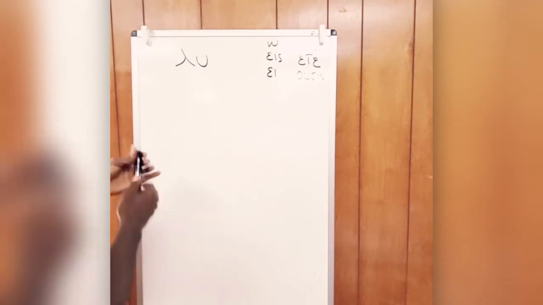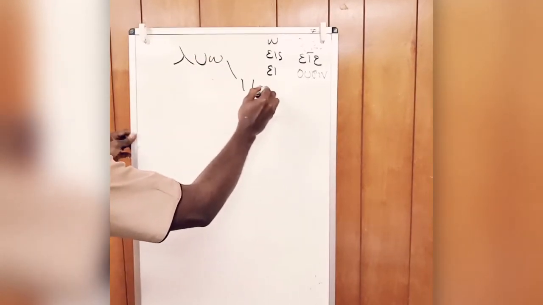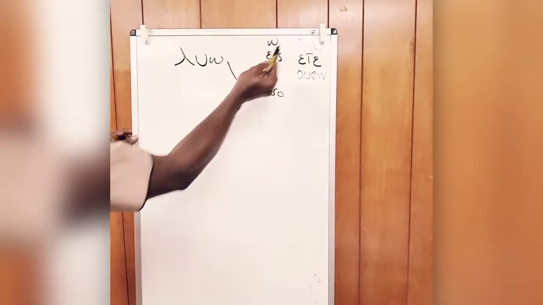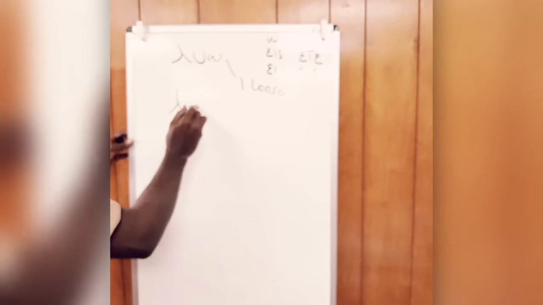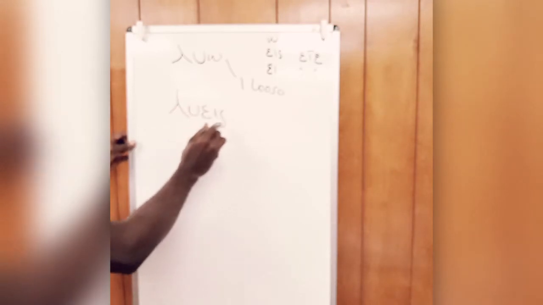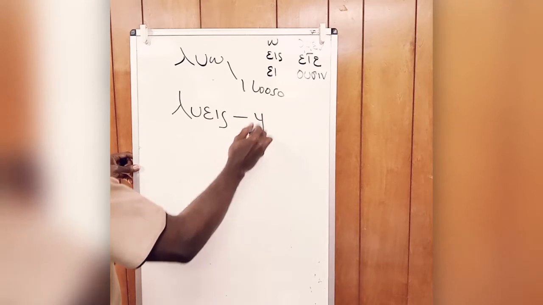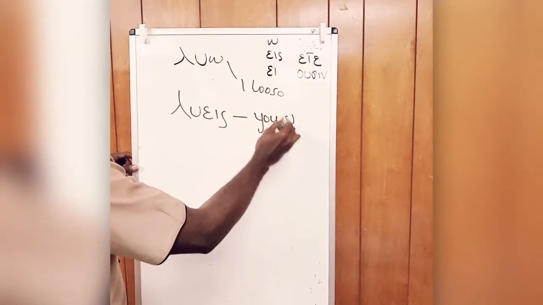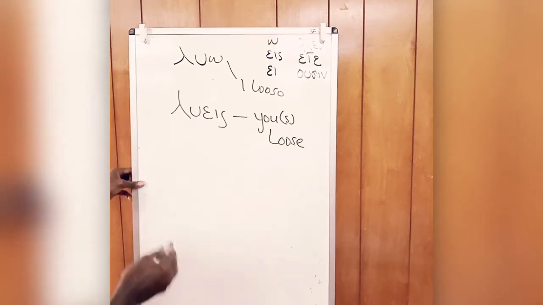You have luo, I lose. Then if you add the second person, lueis, it means you singular lose.